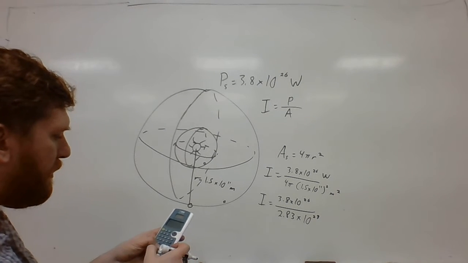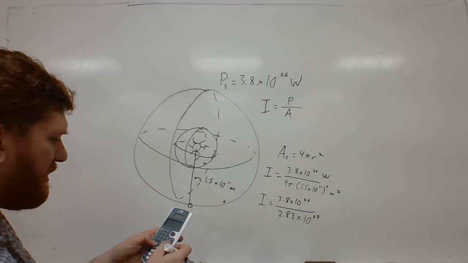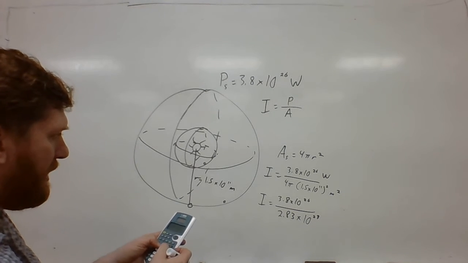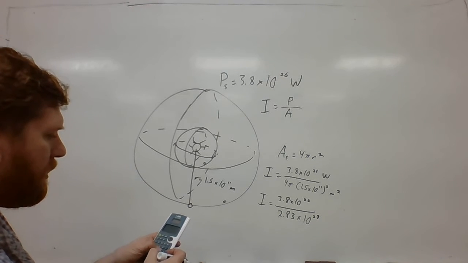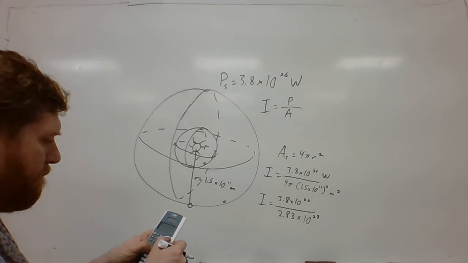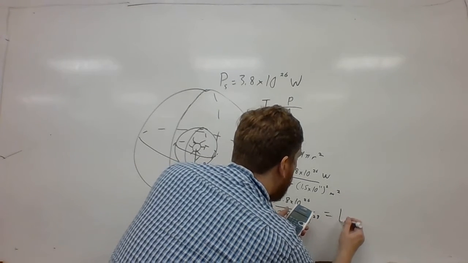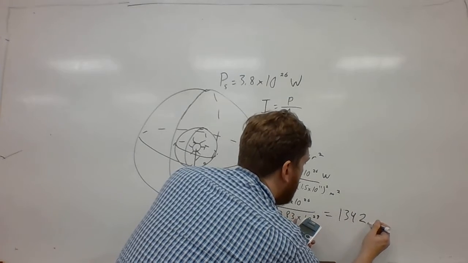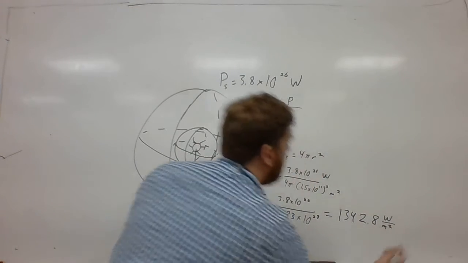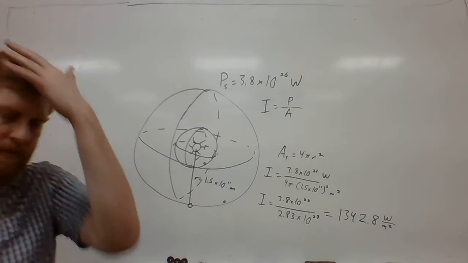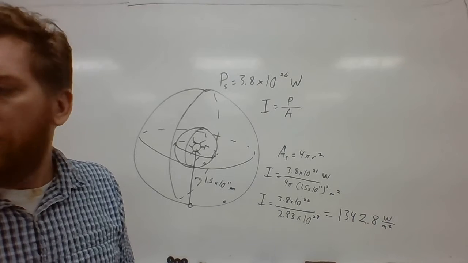I need to put the parentheses in there. 3.8 times 10 to the 26 divided by parentheses 2.83 times 10 to the 23rd, close parenthesis. That's better. Okay. I got 1,342.8. That's watts per meter squared. Okay, so that's number 2.